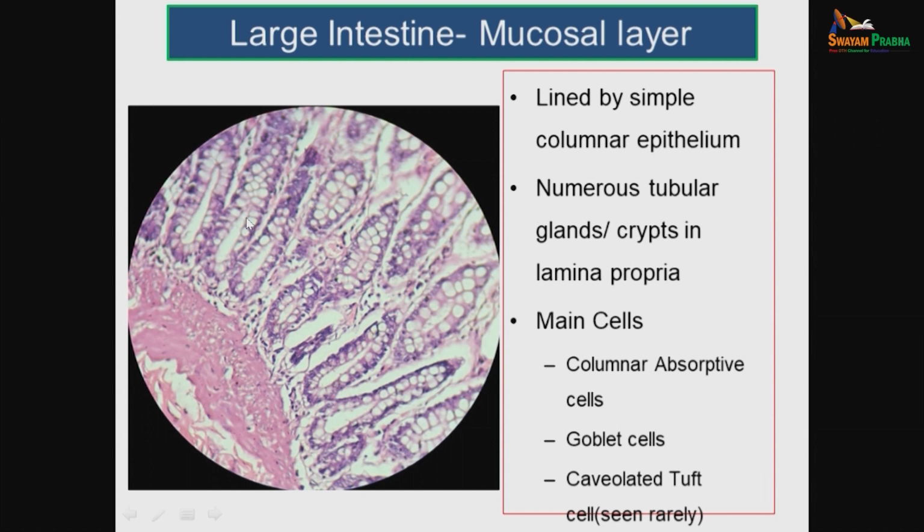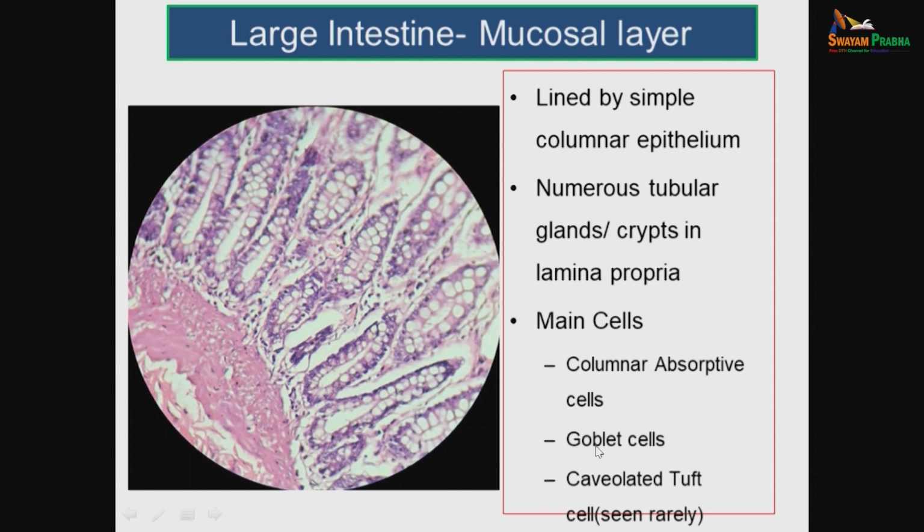Here in a routine H&E staining, that is hematoxylin and eosin staining, the goblet cells appear empty because the mucin that fills the goblet cells disappears in processing. So we have the epithelial layer lined by simple columnar cells and the goblet cells.